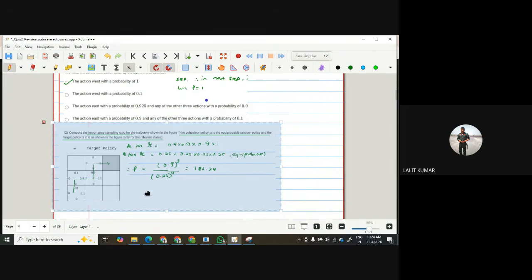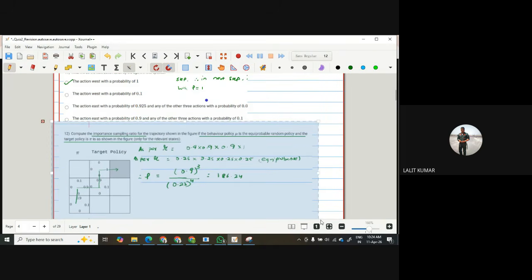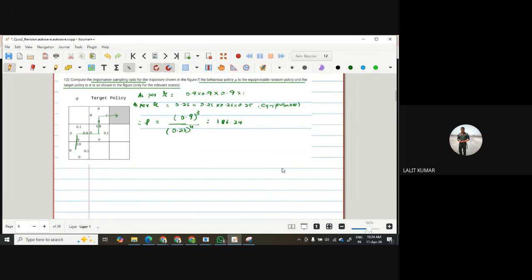I don't know why I am getting some kind of intuition, because in PYQs they have not asked. So what is basically the concept of importance sampling? See, we have got some policy pi, but we can estimate pi by seeing the behavior of other people, which is known as mu. Okay, both are looking the same.